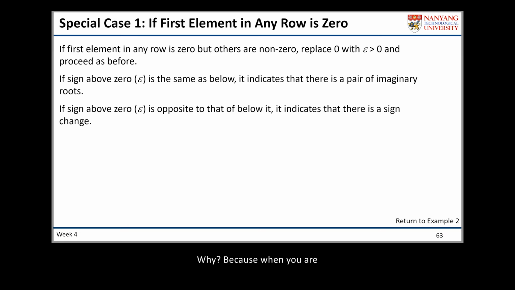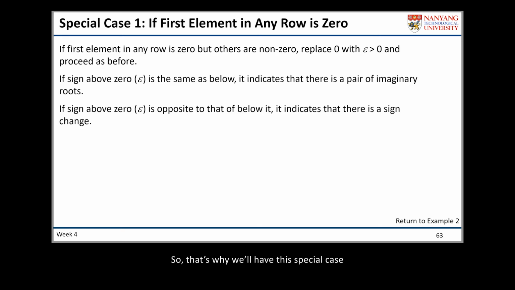Why? Because when you are going to compute the subsequent row, you need to divide the negative determinant by the value of the first element of the row above. If the value of the first element of the row above is zero, then you might end up with an infinite number.